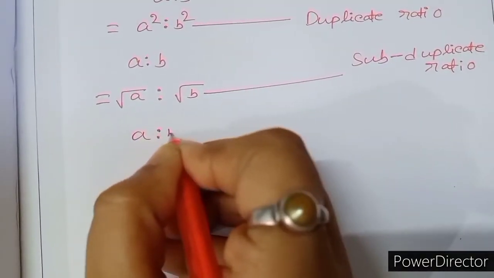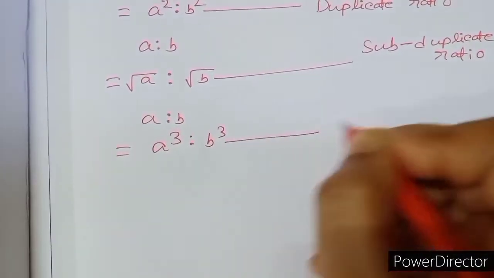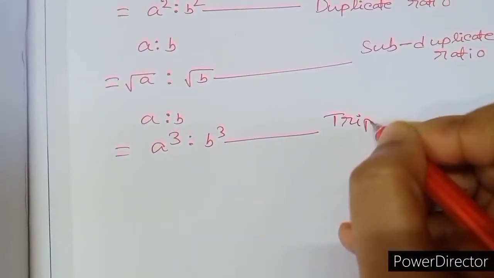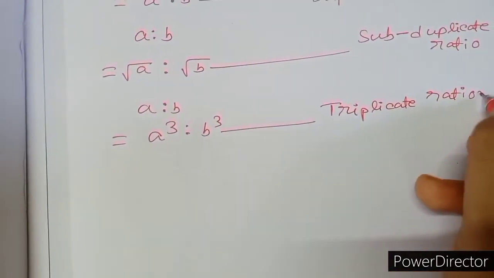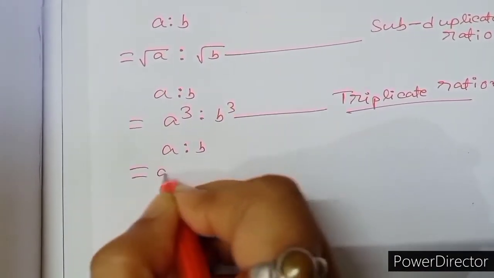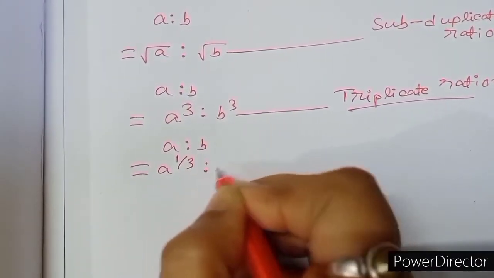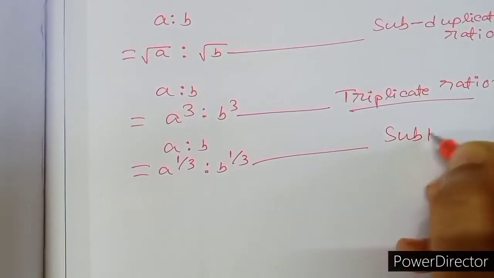Or A is to B equal to A cube is to B cube. This is called triplicate ratio. Or we can write A is to B equal to A to the power 1 by 3 is to B to the power 1 by 3. This is called sub-triplicate ratio.